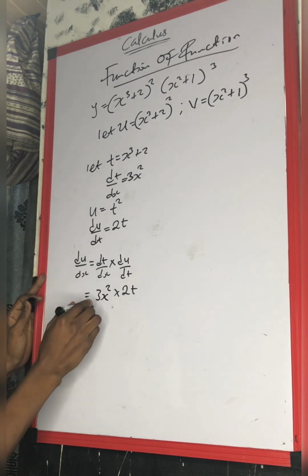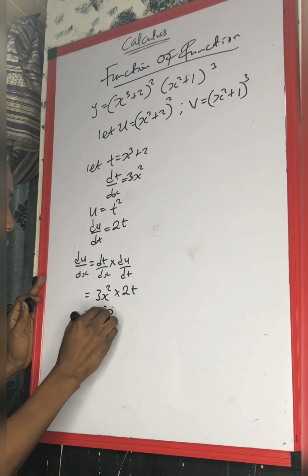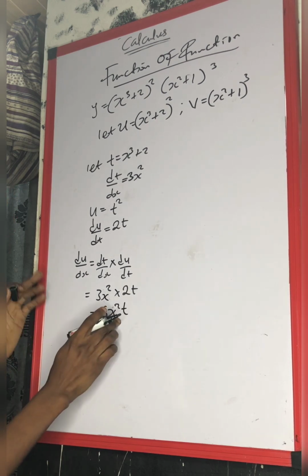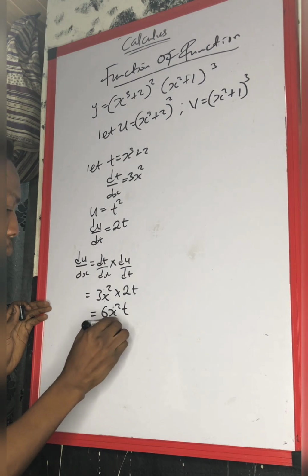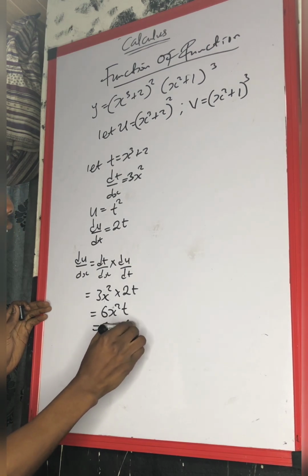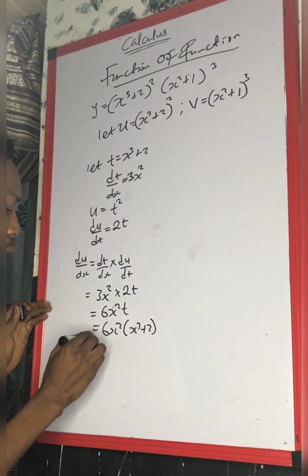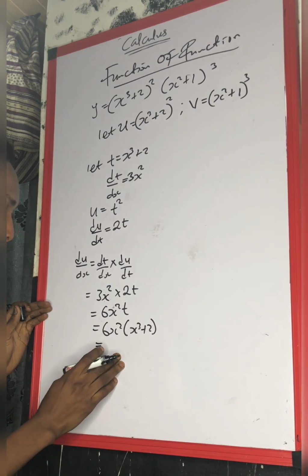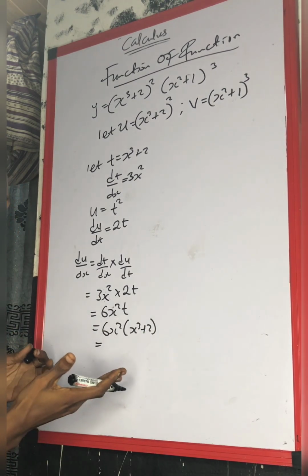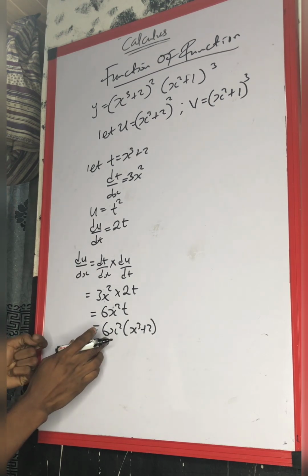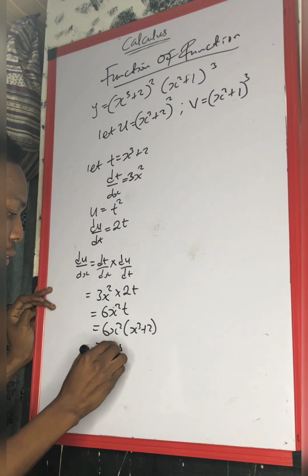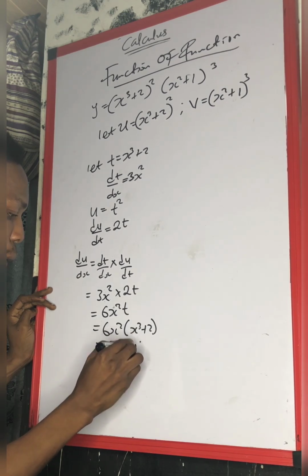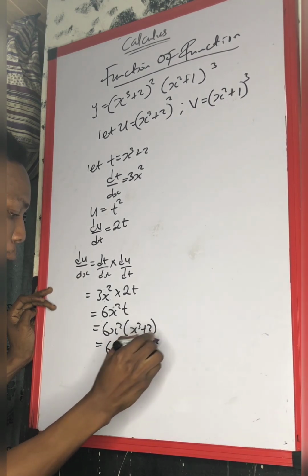So this time around, it becomes 6s squared t. And our t is representing everything here, which is 6s squared bracket s cubed plus 2. If you open all these brackets, sometimes you may not open, but if you want to open, you can. So this is 6s squared times this, which is 6s^5, then plus 12s squared.